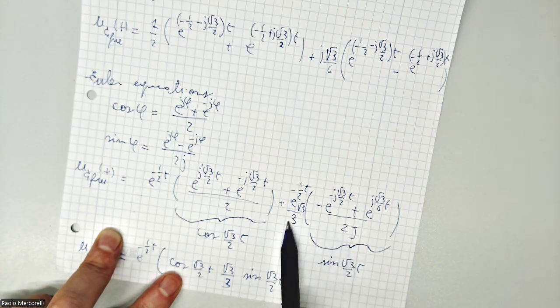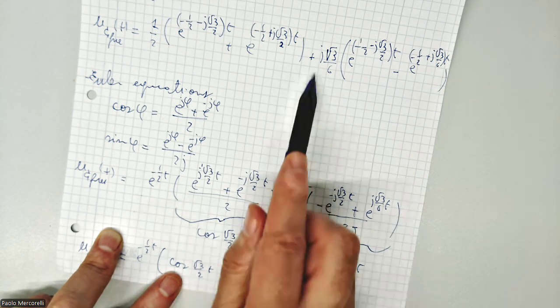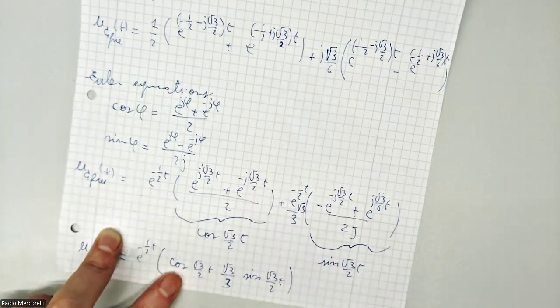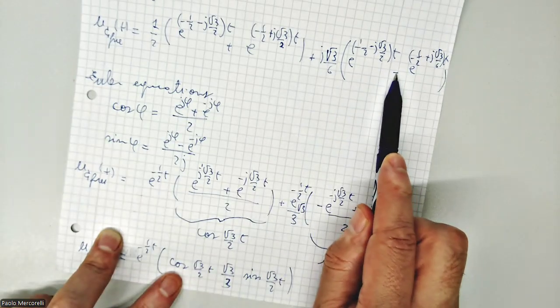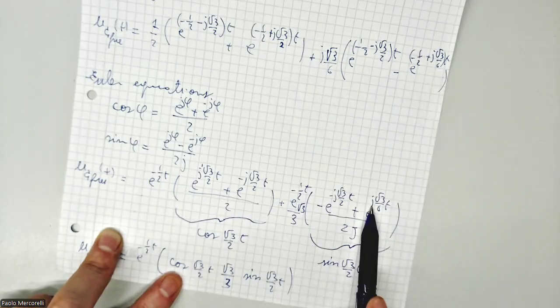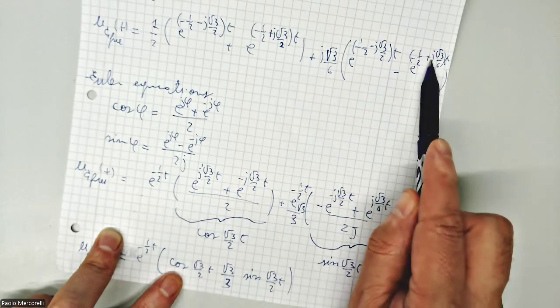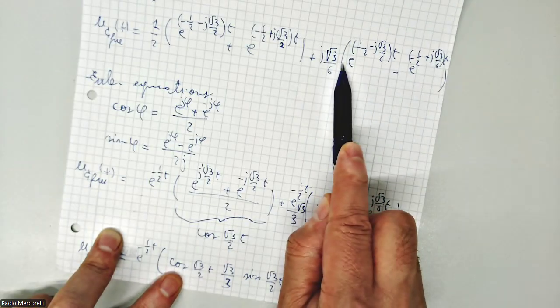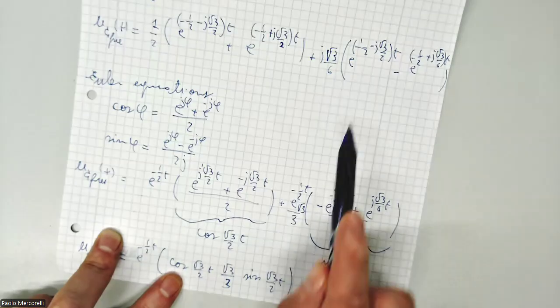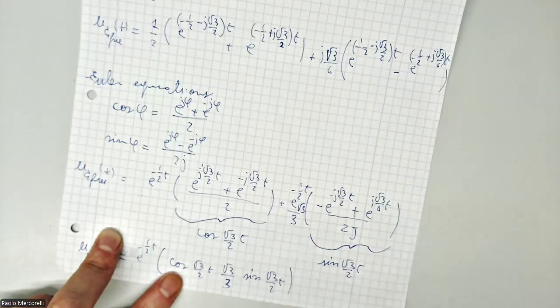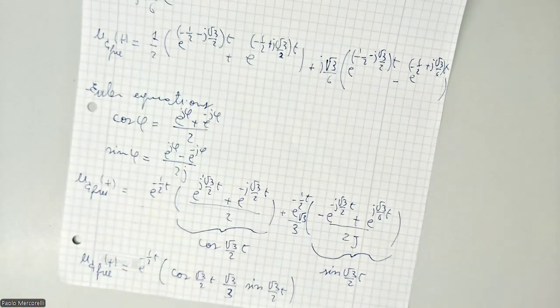I don't know if it's visible. This minus here, we will change in plus. You can see here, plus with respect to plus here. And we will change this plus in minus, where we have this minus here, which is here. Think about putting in evidence the exponential function minus 1 divided by 2.